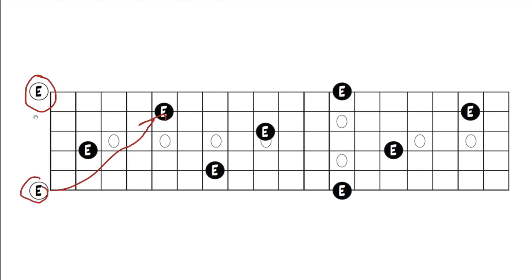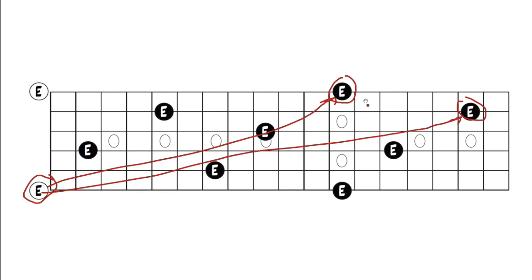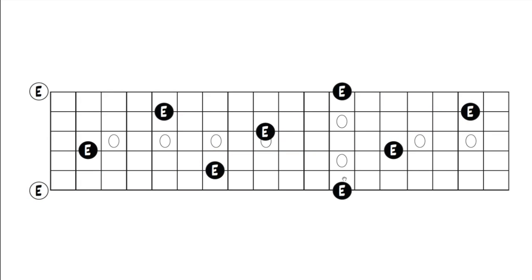This was 2 octaves apart from this one, and these are unisons. Or from here to here on this diagram would be 3 octaves apart, which would be the same note as this. So from here to here is 3 octaves apart, and these are unison notes. Again, that seems really confusing right now, probably overwhelming. Don't worry about it. We'll really dive into it and make it simple in upcoming lessons. Just be aware of it for now.